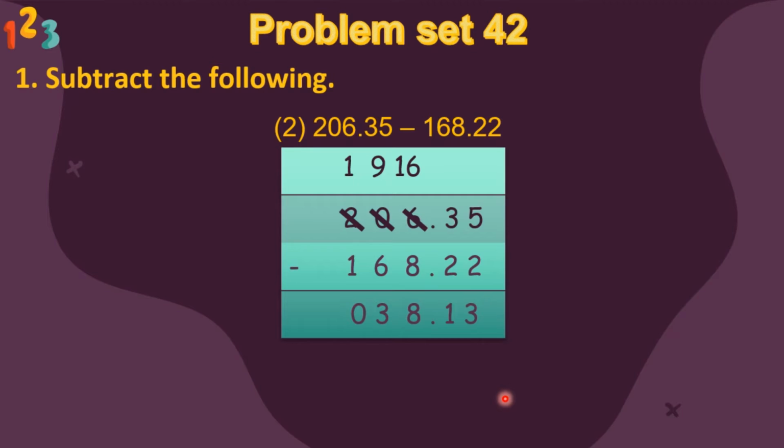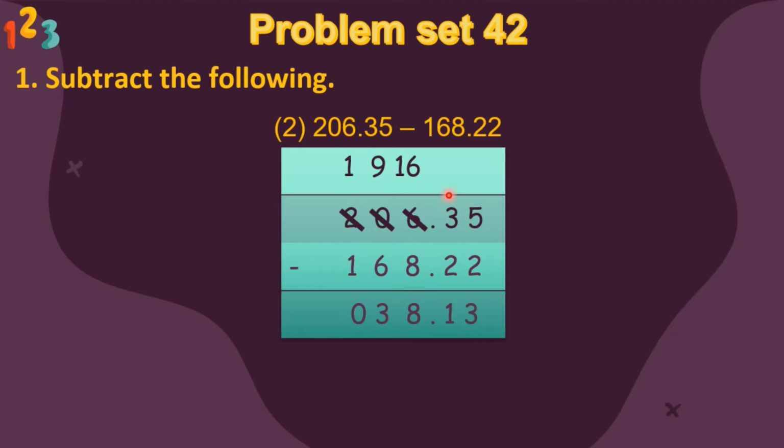So first we are given 206.35 minus 168.22. First we'll arrange the given decimal numbers as per their places in the proper columns.